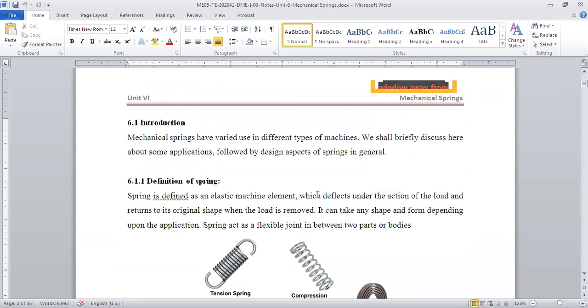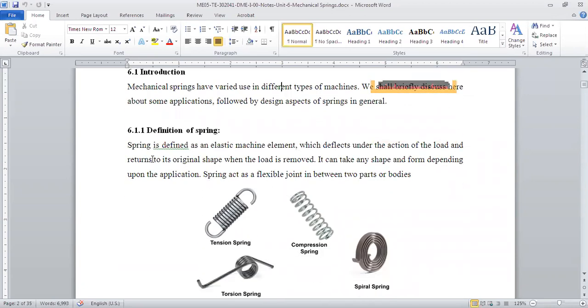So let's see the definition. A spring is defined as an elastic element. Elastic means it will go back to its original shape when the load or stress is removed. It deflects under the action of load and returns to its original shape when the load is removed.